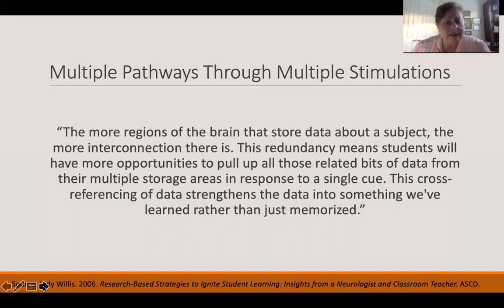And the more ways that you can connect the meanings of those words with the sound of the word, what it looks like, the context, your background knowledge, your personal experience, then the more ways you have to pull up those little bits of information from where they've been stored in the brain. And it's that kind of interconnection that helps students remember things rather than having simply memorized them.